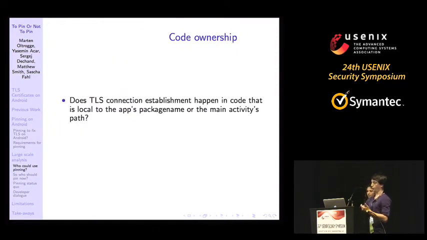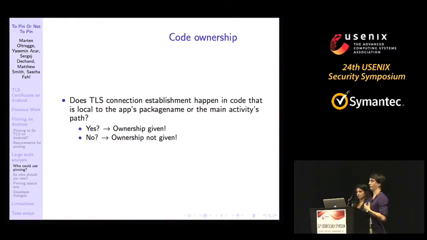To answer that question, we were, as just explained, interested in who owns the code that establishes TLS connections. That is the question of whether TLS connection establishment happens local to an app's package name or the main activities' paths. If that is the case, then ownership is given and pinning can be used. If not, ownership is not given and pinning is no good idea.